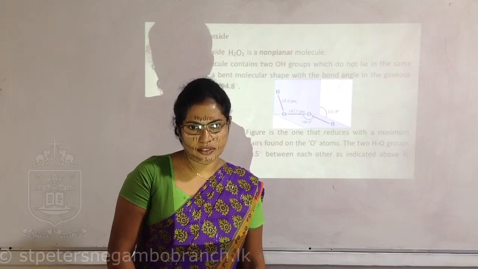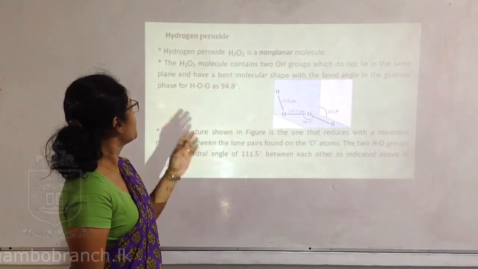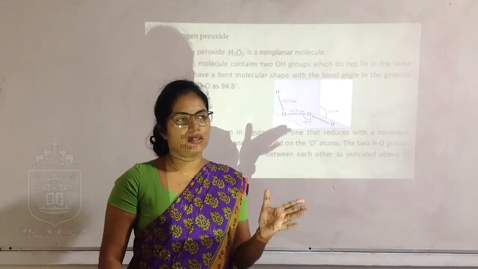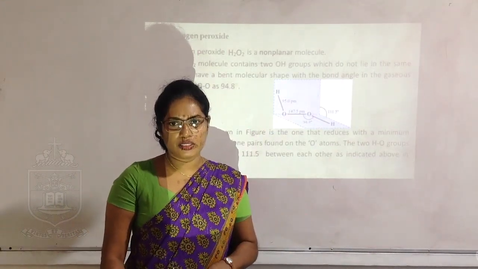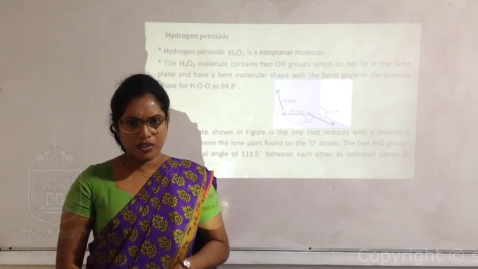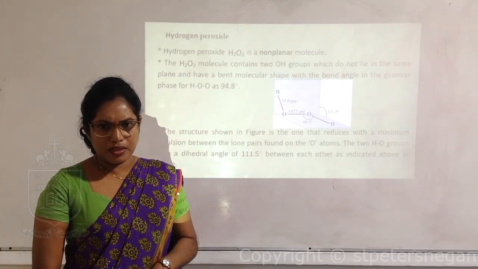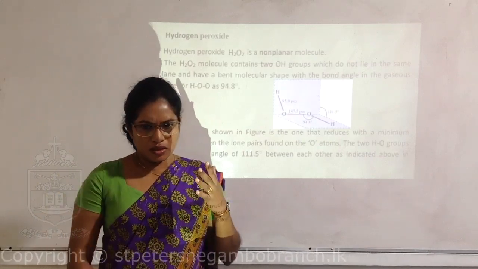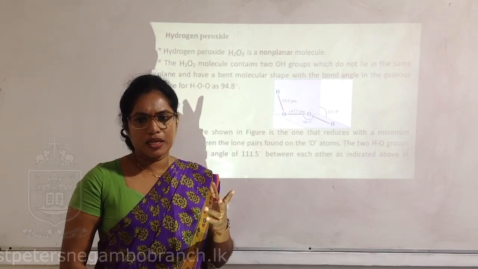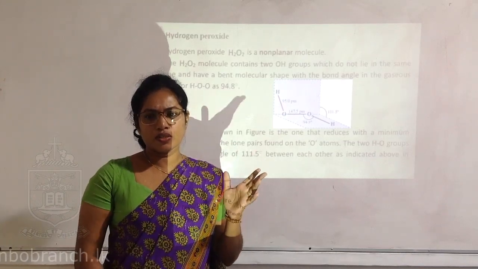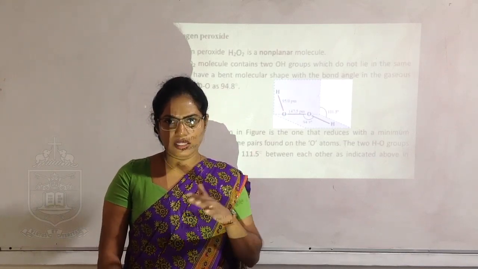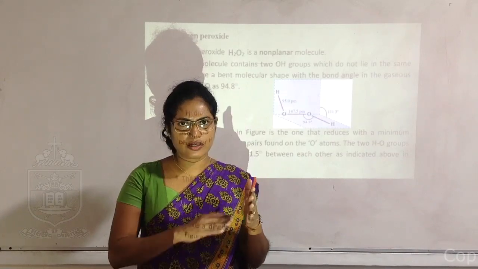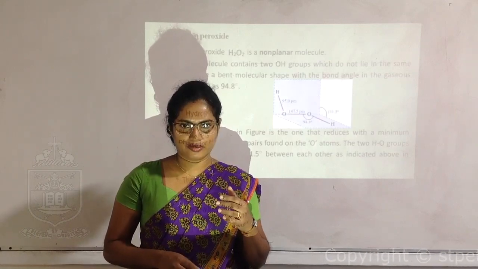Now let's take hydrogen peroxide. Water is a polar molecule, but hydrogen peroxide is a non-polar molecule. And the special thing is, the hydrogen peroxide molecule contains two OH groups which do not lie in the same plane. It is not in the same plane.